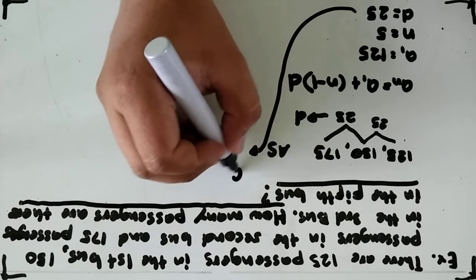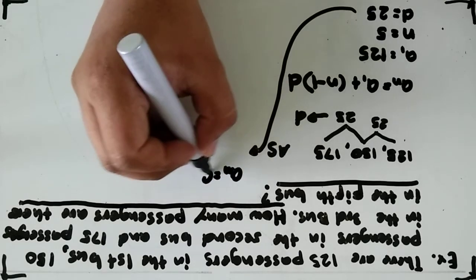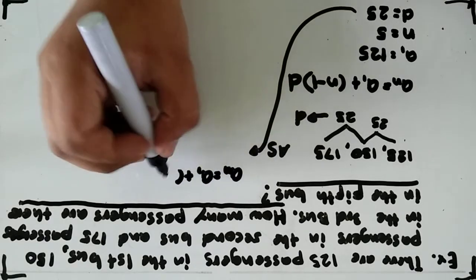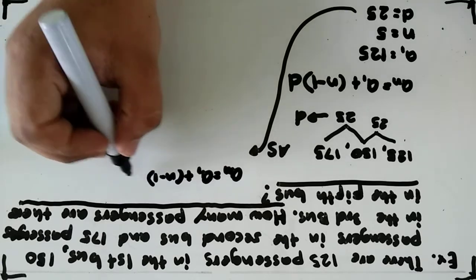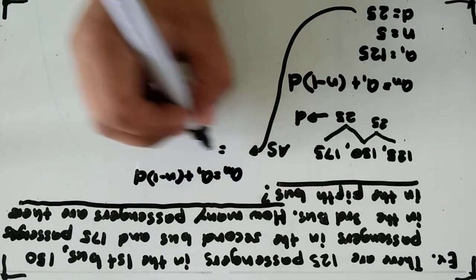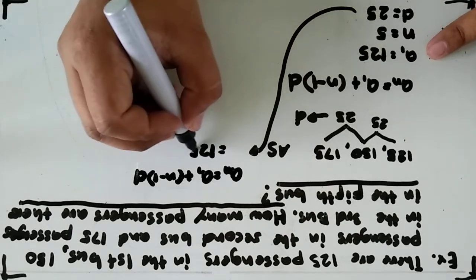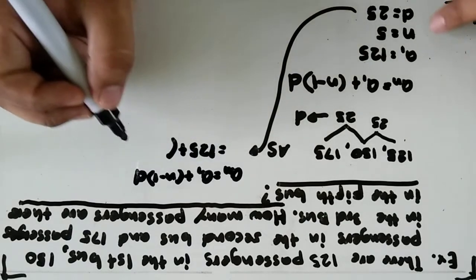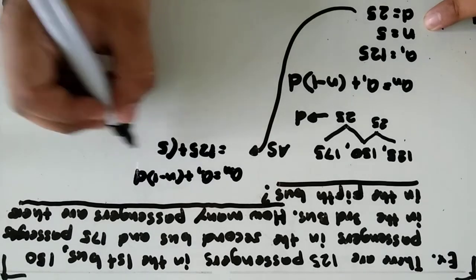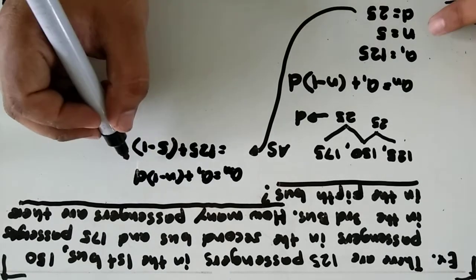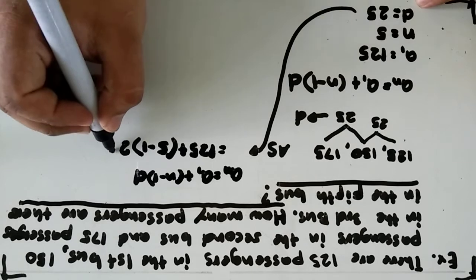So, meron tayong a sub n equal to a sub 1 plus n minus 1 times d. So, yung ating a sub 1 is 125 plus yung n natin ay 5 minus 1. Ang common difference natin ay 25.